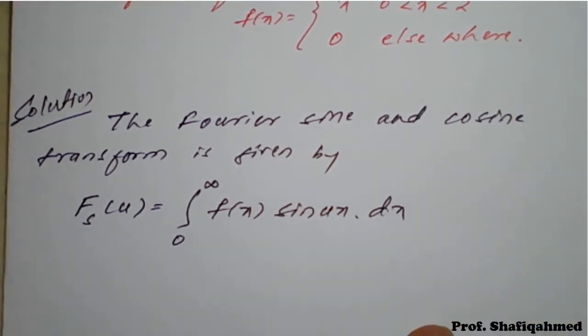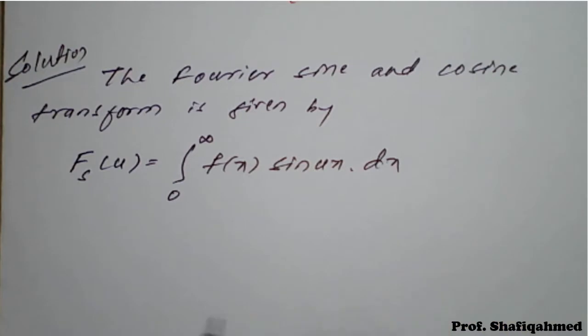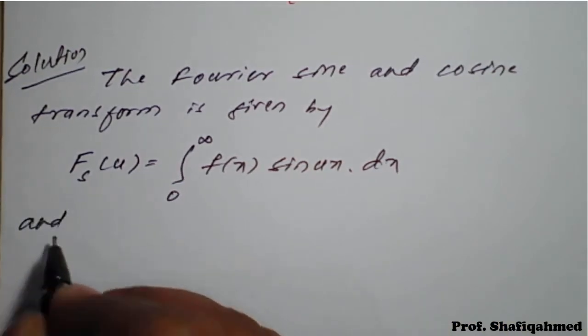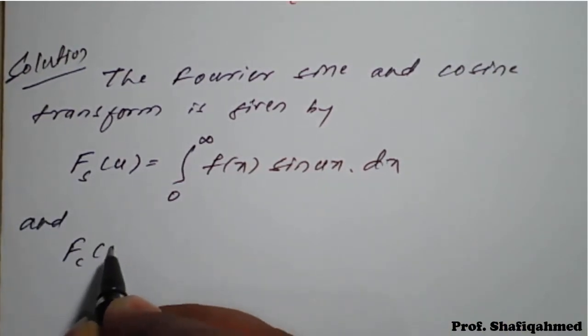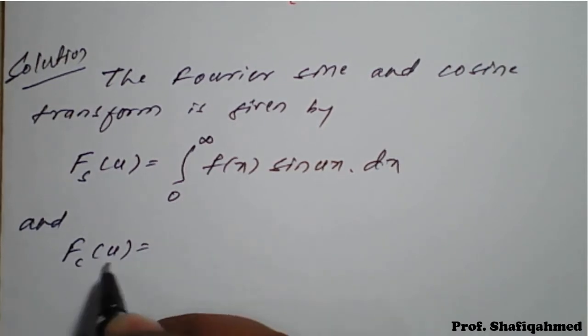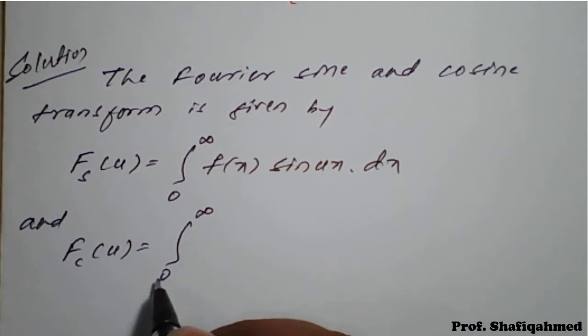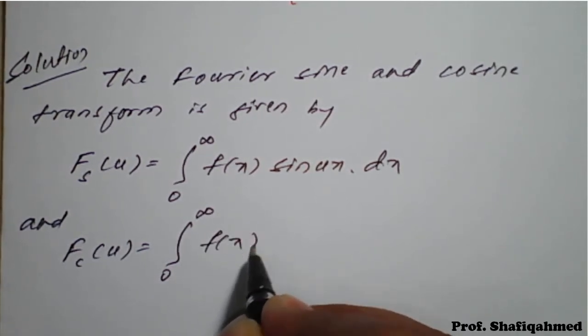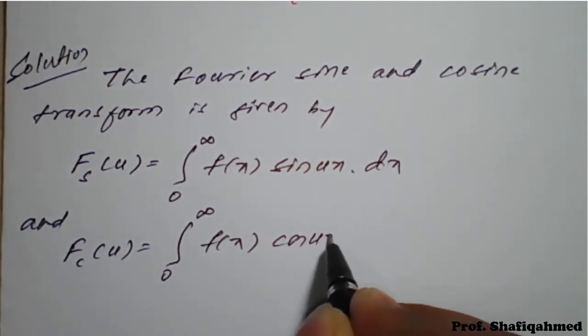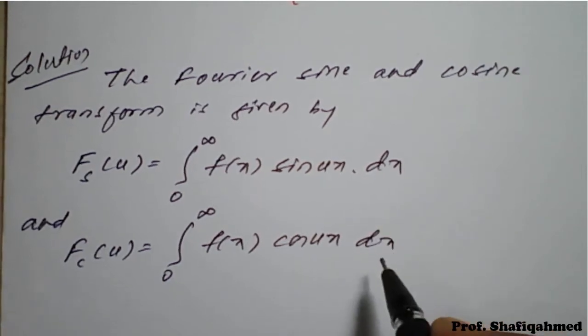So this is the Fourier sine transform, and the Fourier cosine transform is given by fc of u is equal to the integral from 0 to infinity of f of x into cos of ux into dx.